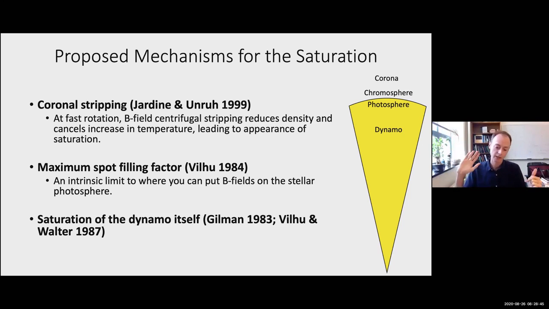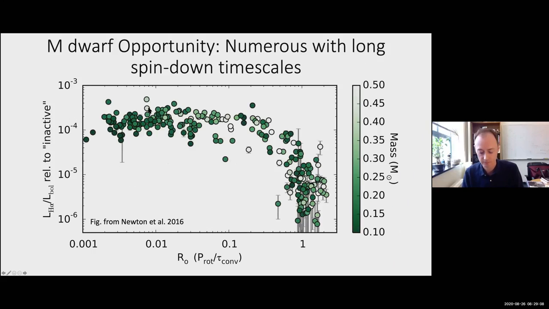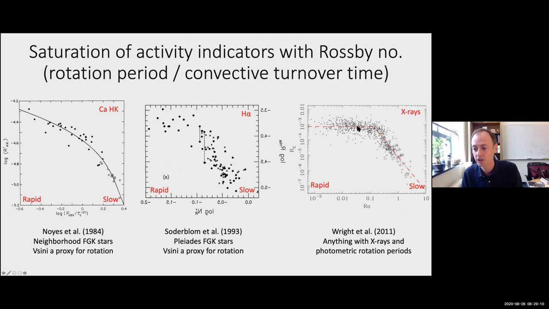But you're also going to have centrifugal forces throwing away a lot of those ions and hydrogen. And so you actually have an increase in temperature, but a decrease in density. And so that could be causing this apparent saturation. Now, this particular theory has gone out of favor for explaining the saturation here, but it has come into favor for explaining a supersaturation that has been seen in some studies of X-rays.